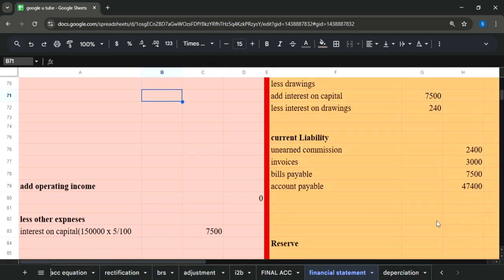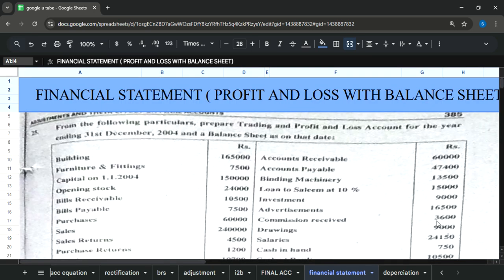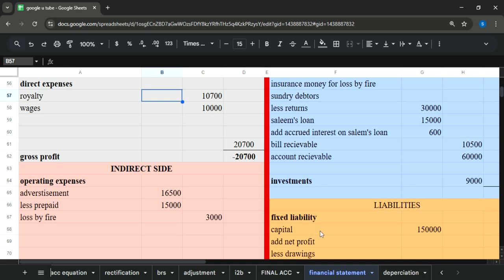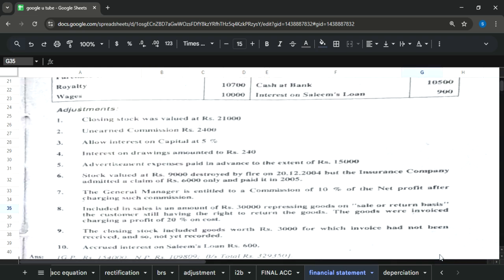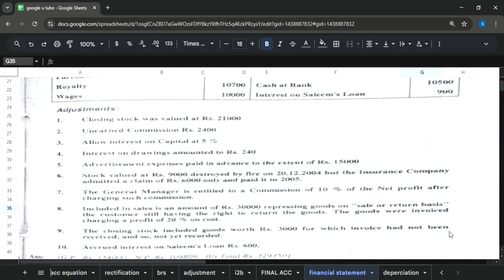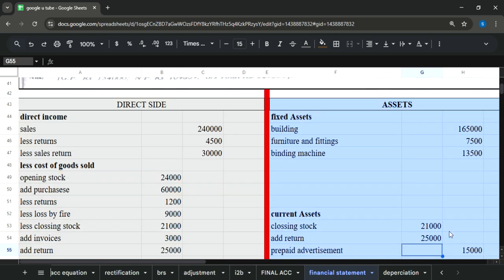Alright guys, so we are going to write 3600 in front of commission in other income. Then we have drawings. Drawings are part of capital, and here its place is also fixed. Drawings 9000. Write down 9000 over here.